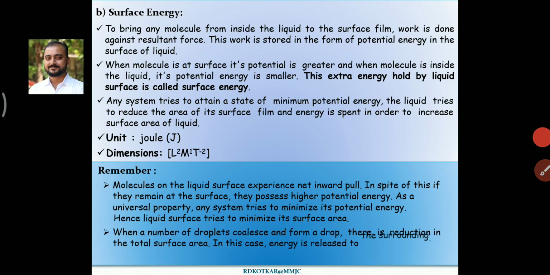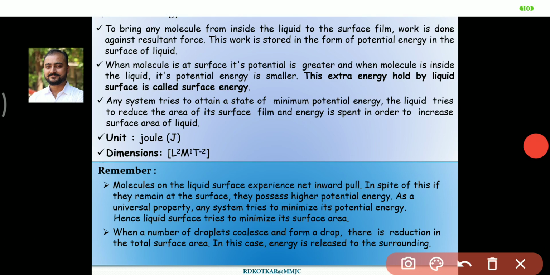Next, when a number of droplets coalesce and form a drop, there is a reduction in the total surface area. In this case, energy is released to the surroundings. Listen to what I am saying. First, what is a droplet and what is a drop? A liquid drop everyone knows. When this drop is broken into a number of small parts, they are called droplets.